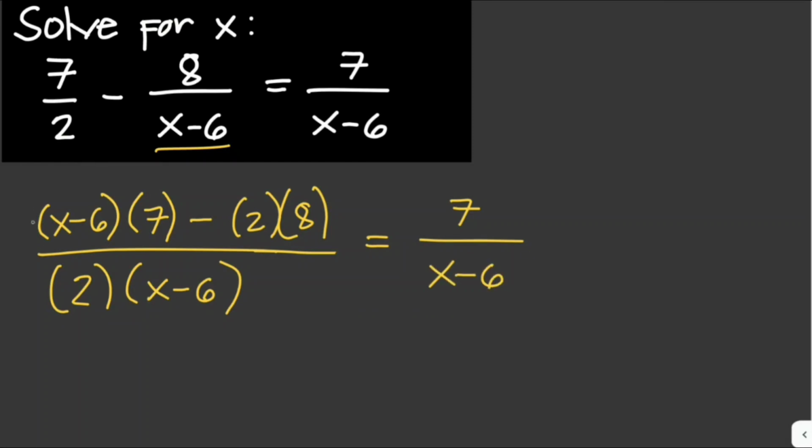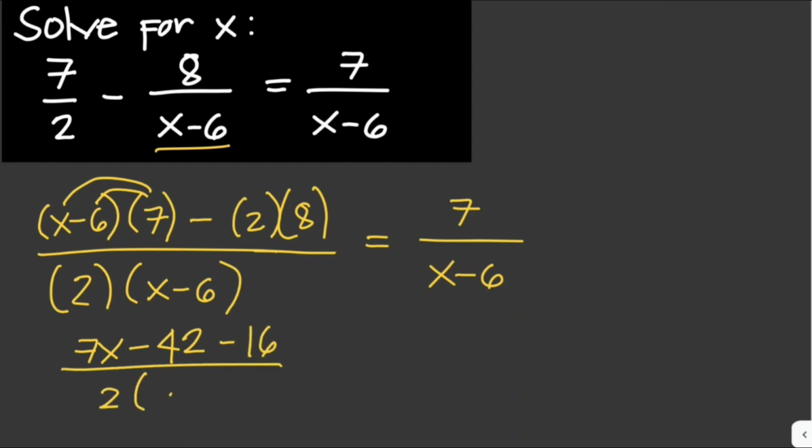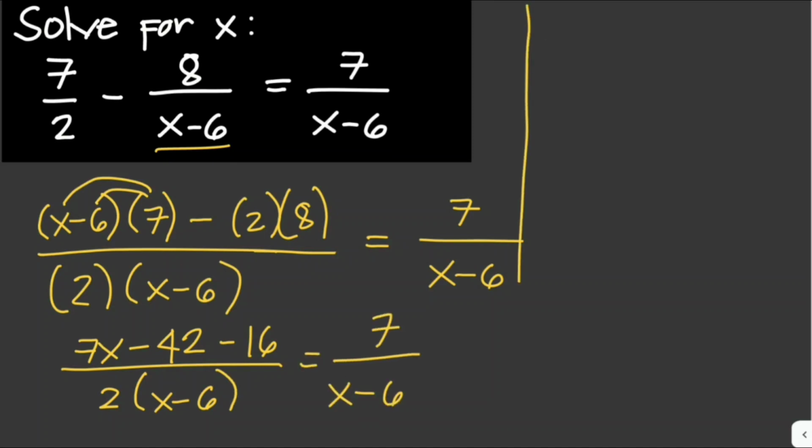Then we can simplify the numerator here. We distribute 7 to x minus 6. That is 7 times x is 7x minus 42 minus 16 over 2 times x minus 6 equals 7 over x minus 6. Then we have 7x.